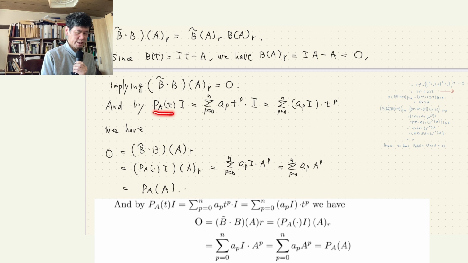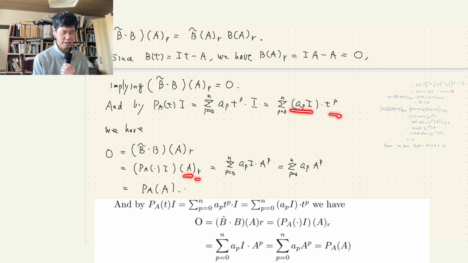Since P_A of t times I is equal to the summation of a_p times t to the p times I, which is equal to a_p times I times t to the p. So P_A times I of A right is equal to the summation of a_p I times A to the p, and this is equal to the summation of a_p times A to the p, which is equal to P_A of A. So this implies that P_A of A is equal to the 0 matrix.